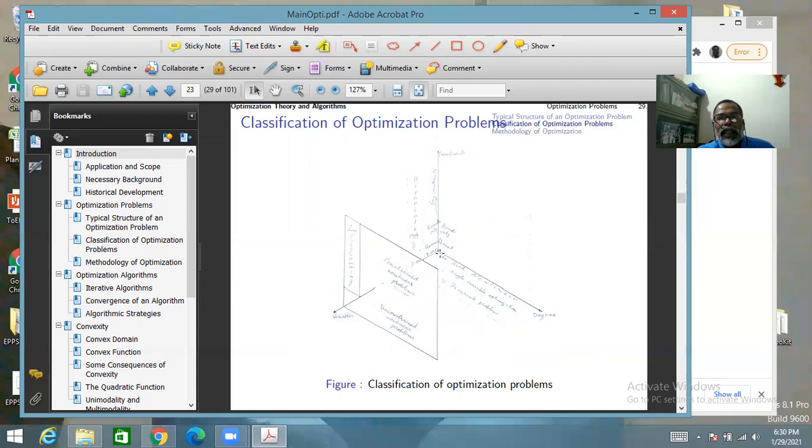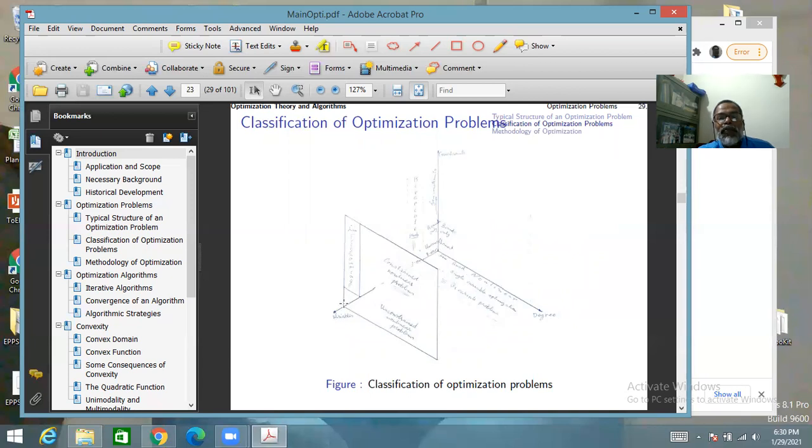So here, three bases of classification. Those three I have put along these three directions. This is the direction which is showing the degree of the function. Here it is linear, then quadratic, and then properly nonlinear.